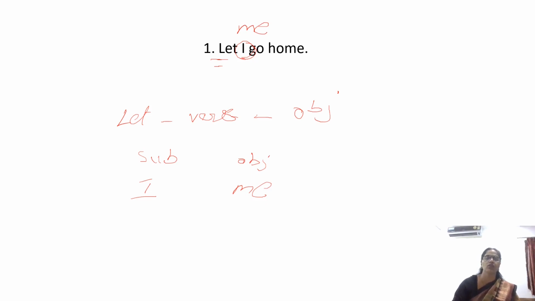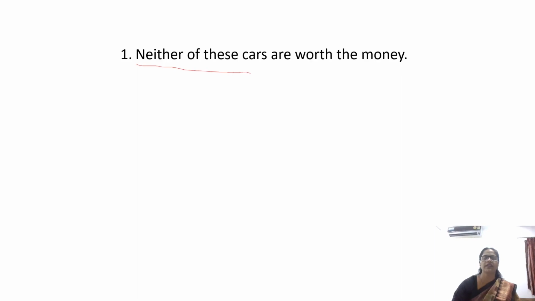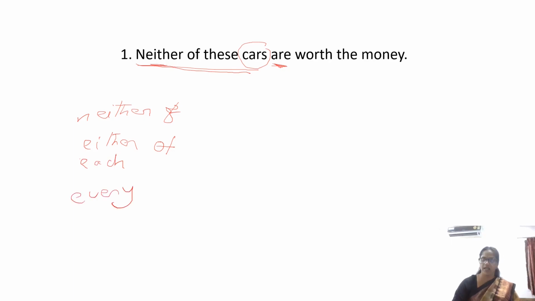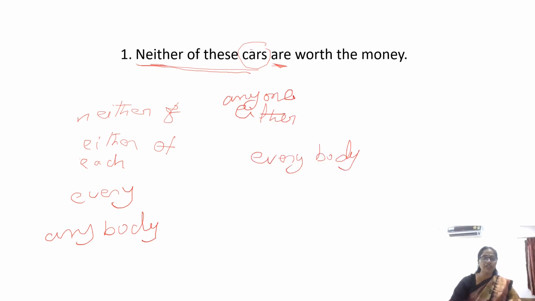Let me go home. Neither of these cars are worth the money. Mistake in subject verb agreement. Here we have cars, but we are talking about neither, right? Neither of, either of, each, every, anybody, anyone, either, everybody, neither, no one, nobody, somebody, someone.